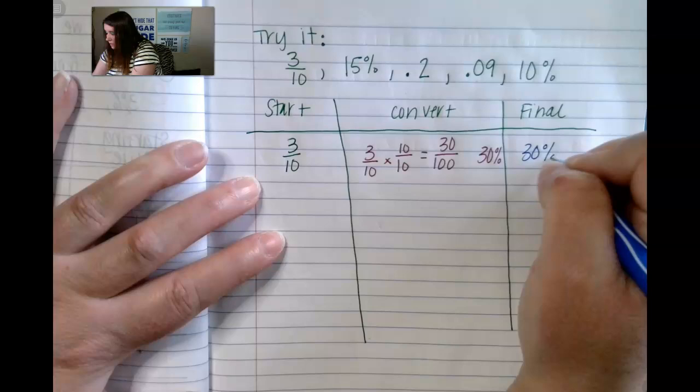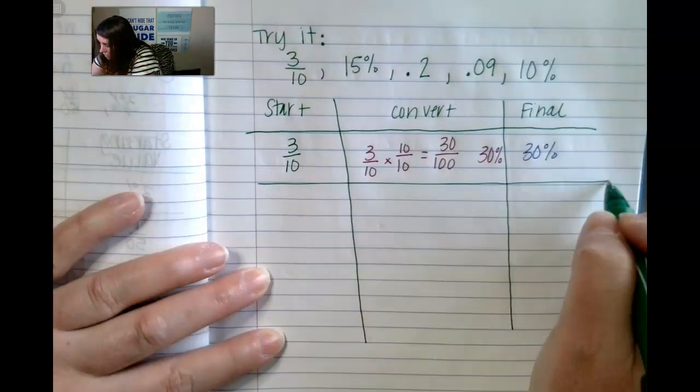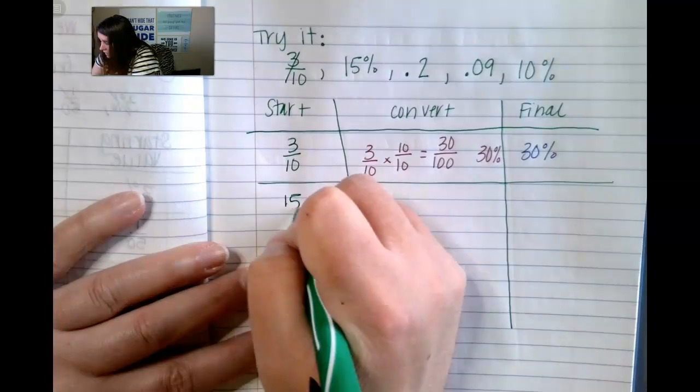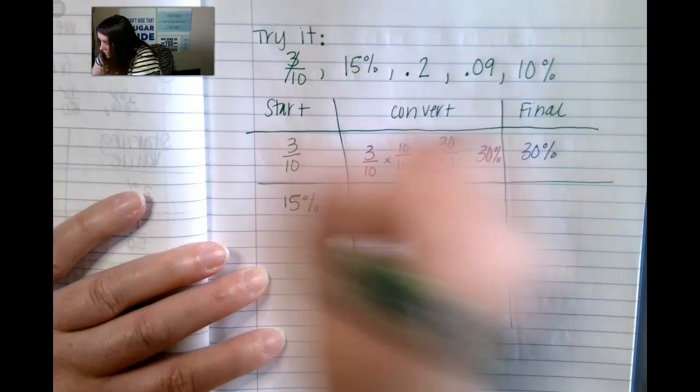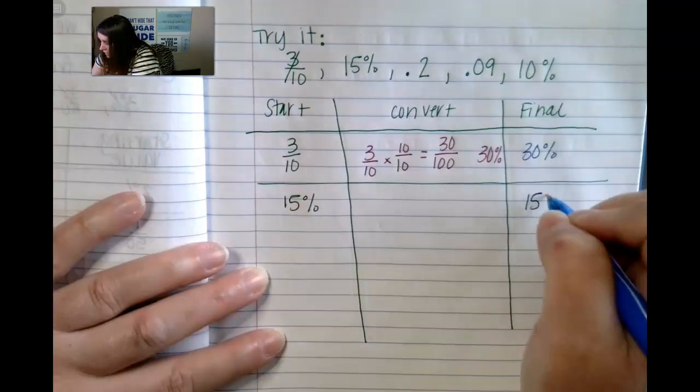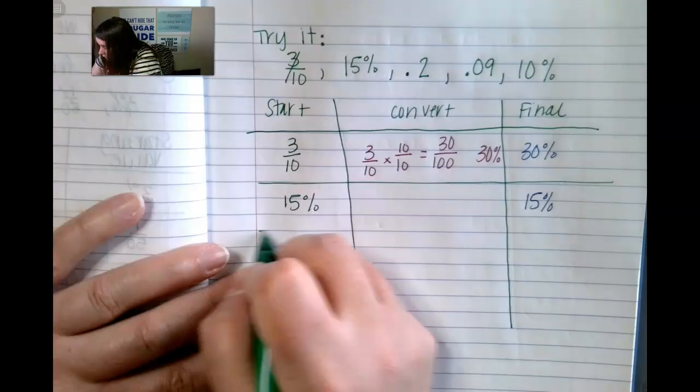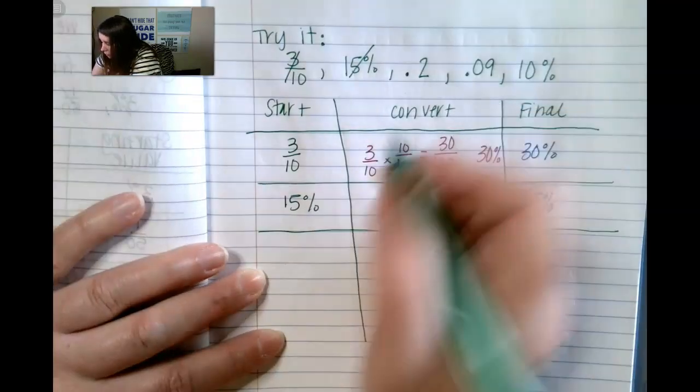All right, my next one that I have is 15%. And 15% is equal to 15%. I didn't have to do any converting there. All right, cross it off. Next is 0.2 or 2/10.